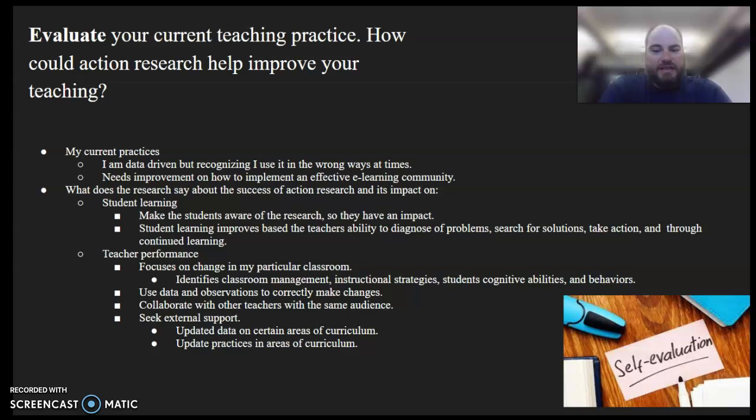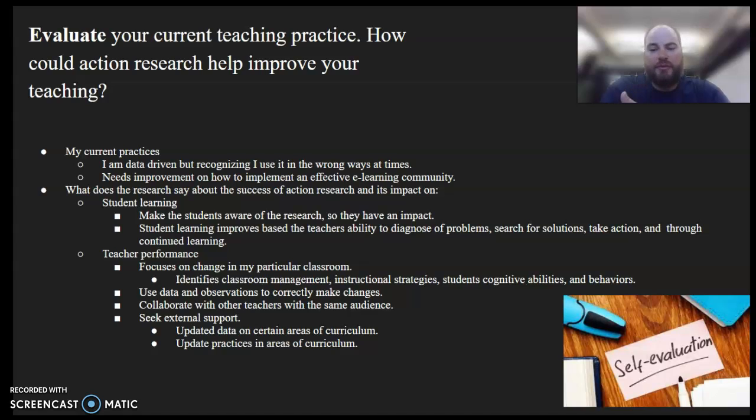The research says that with student learning, we got to make the students aware of the research so that they have an impact on what the research is going to be. So sharing data with them and showing them what the trends are is always a good thing so that they're able to understand what's going on.